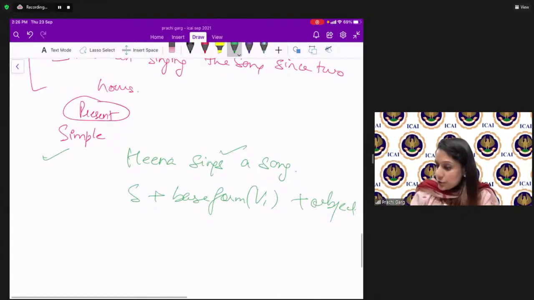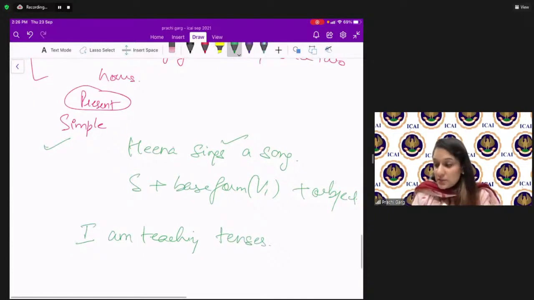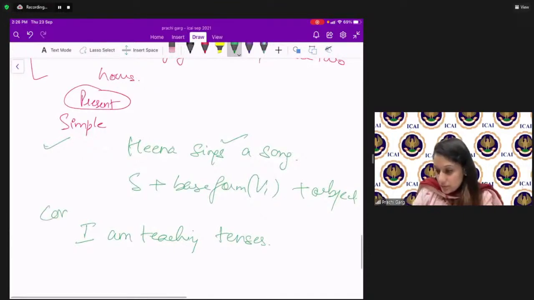Like I just told you about the present continuous. I am teaching tenses. So now this is something that I'm particularly doing right now. I am teaching tenses. So this is present continuous because this is going on right now, right?